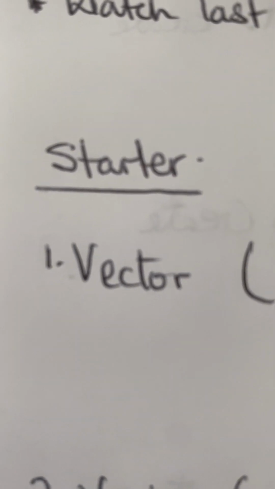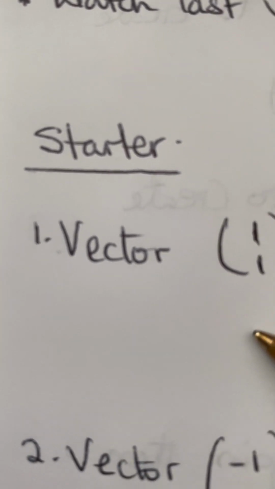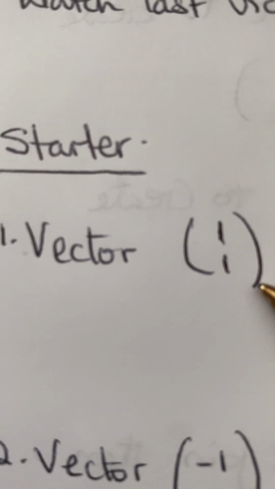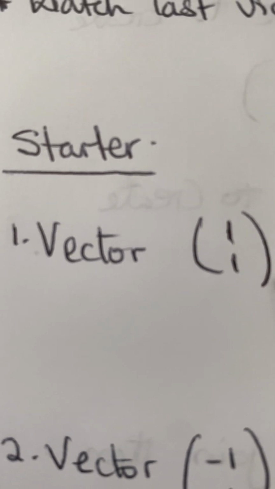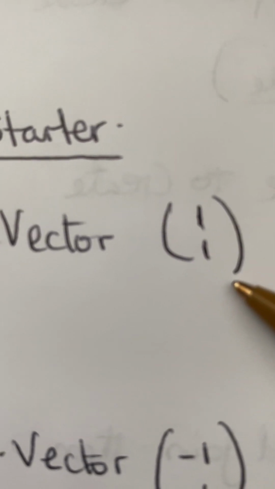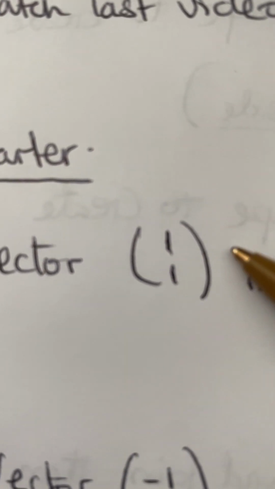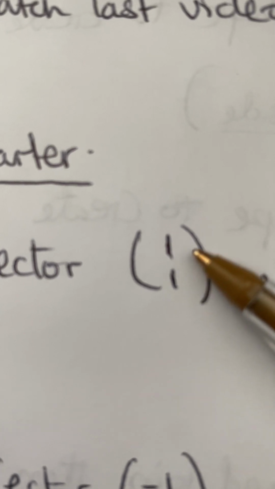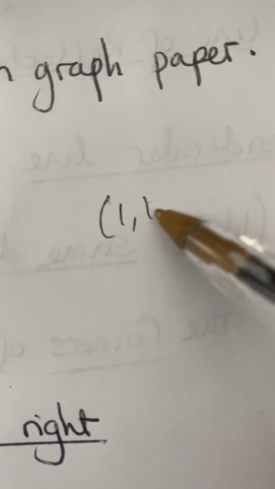Now, a starter. Yesterday in translation we used vectors. In translation, instead of writing it in coordinate form like 1, 1, it is written in vector form.